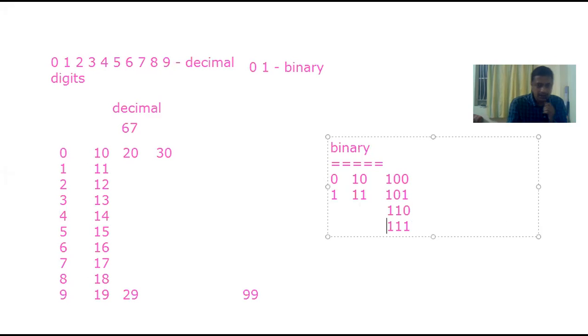Because if I see these 4 digits, everybody please watch this carefully. These digits, this is actually 00, and this actually becomes 01, and like this.